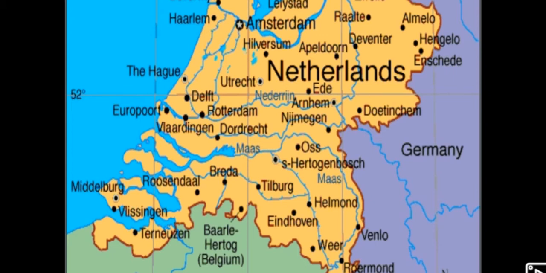See, the map is visible to you. Dutch were from the Netherlands, or you can say Holland. The people from Holland came to our country and ruled. As we studied in the earlier session, the Britishers came with the British East India Company.